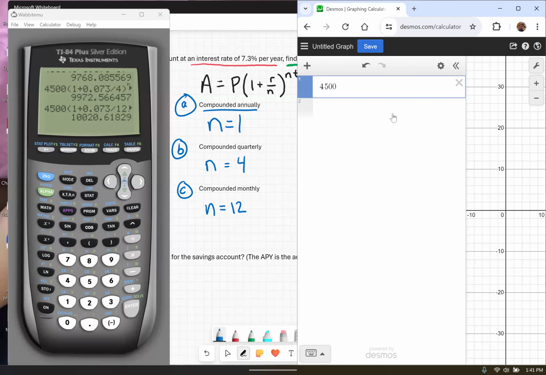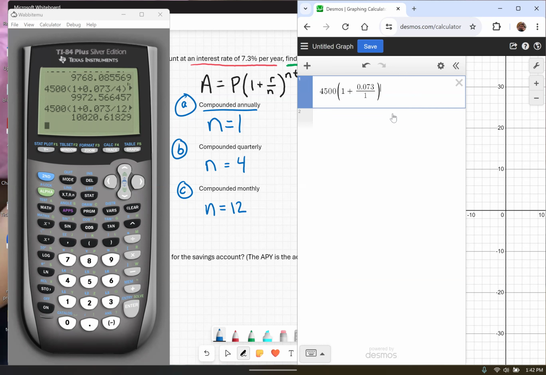P, parentheses, 1 plus R over N, so 0.073 divided by 1. Oops, I hit comma 1. No, I want divided by 1. And I'll hit the right arrow key to get the cursor over to that parenthesis, close parenthesis.